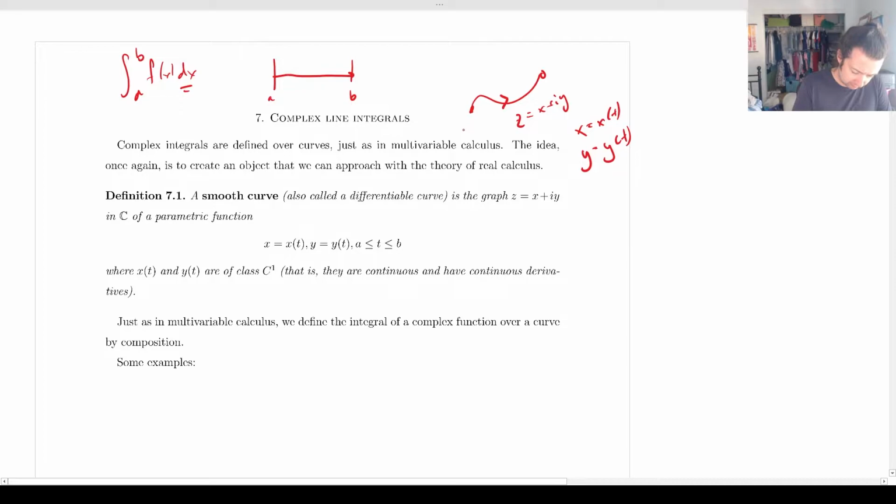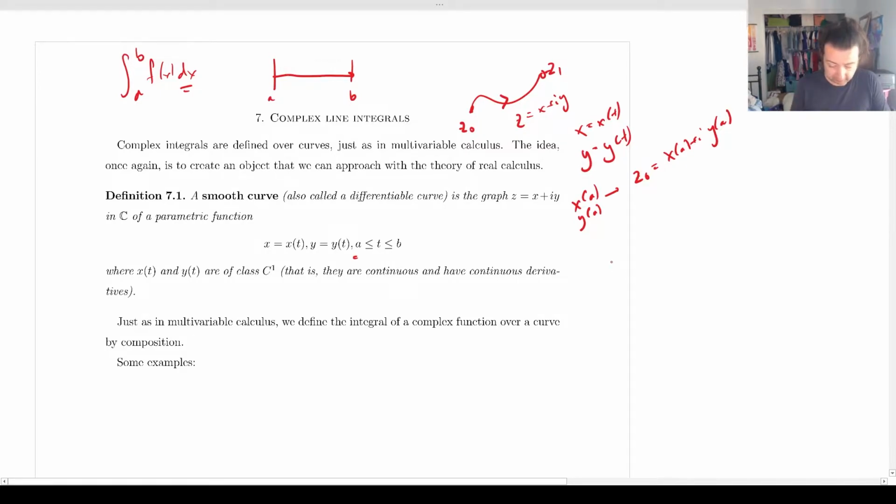So imagine that we've got a point z0 and a point z1 for our beginning and end in the complex plane. At time a, we're at the beginning, so x of a, y of a corresponds to the point z0, which is x of a plus i y of a.